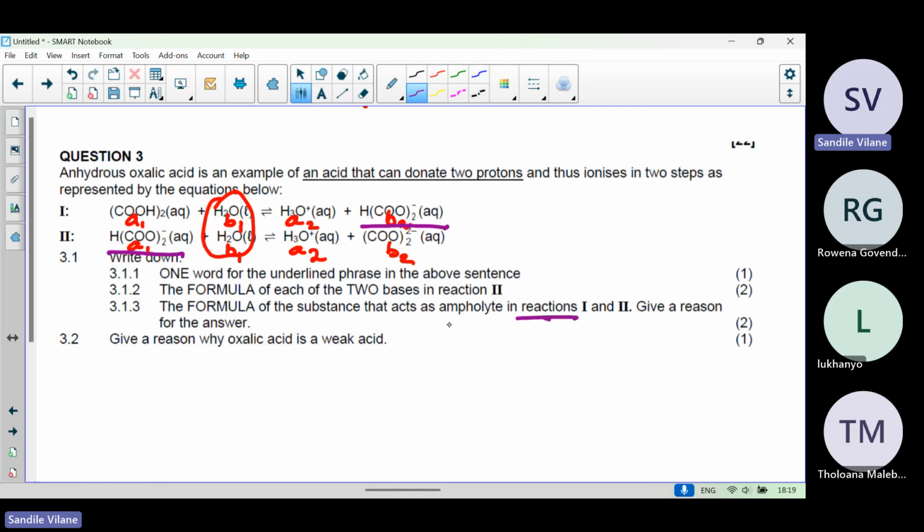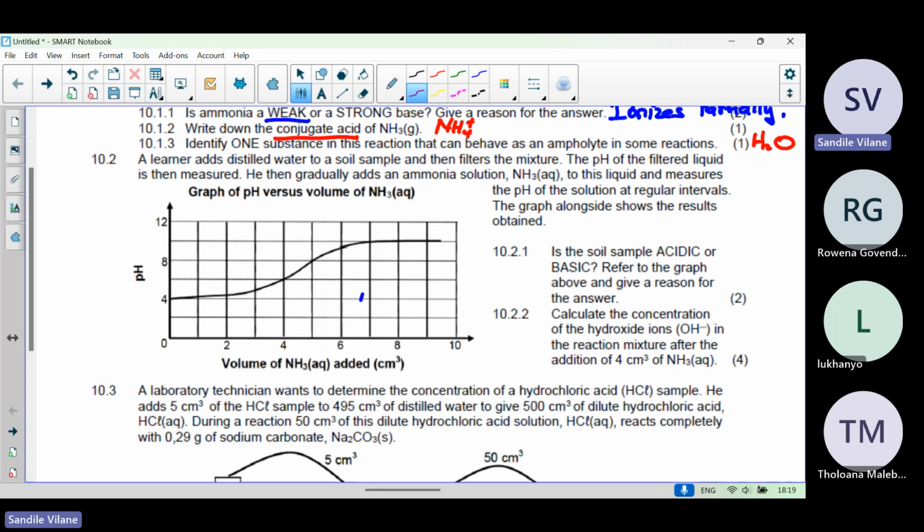So to answer this question, it is this ion that is the ampholyte. So let us be careful about that. But in this case, this was just a generic question. I hope you guys got that.